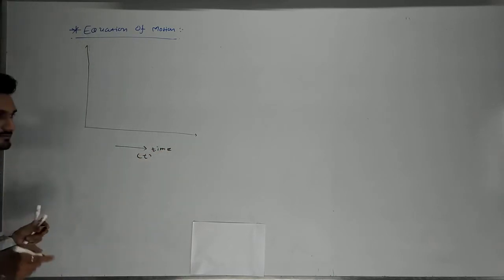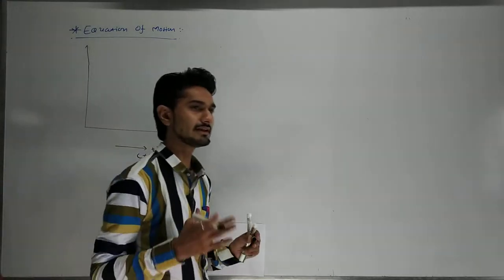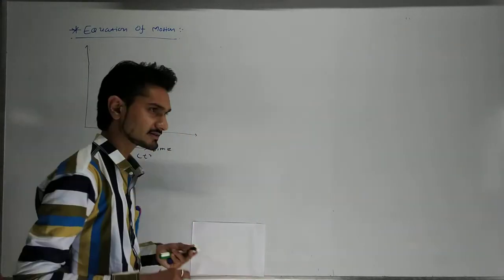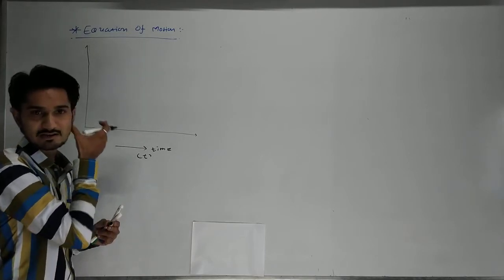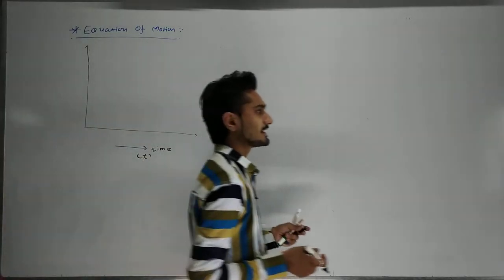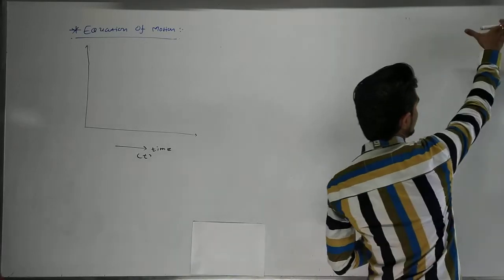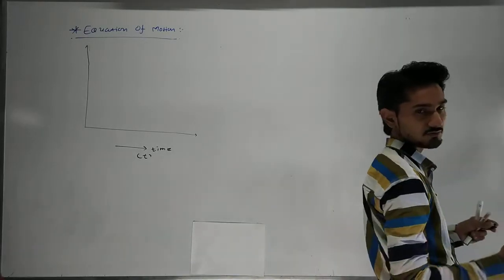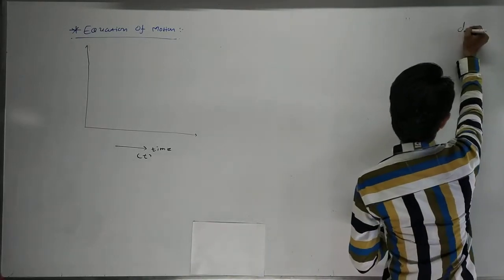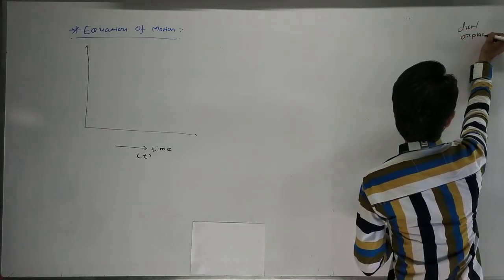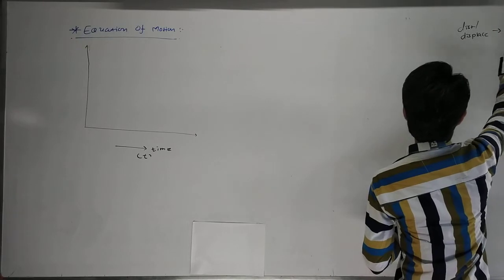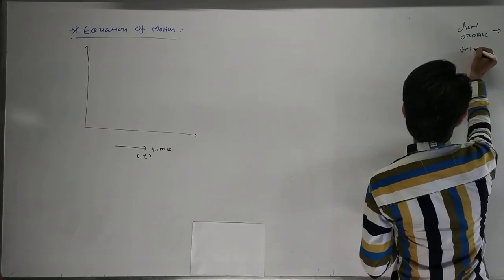Okay, in the previous lecture we saw the short symbols for all the quantities we have studied. For example, distance or displacement will be represented by s. I am going to give you the table here so you can remember: distance or displacement is represented by s.